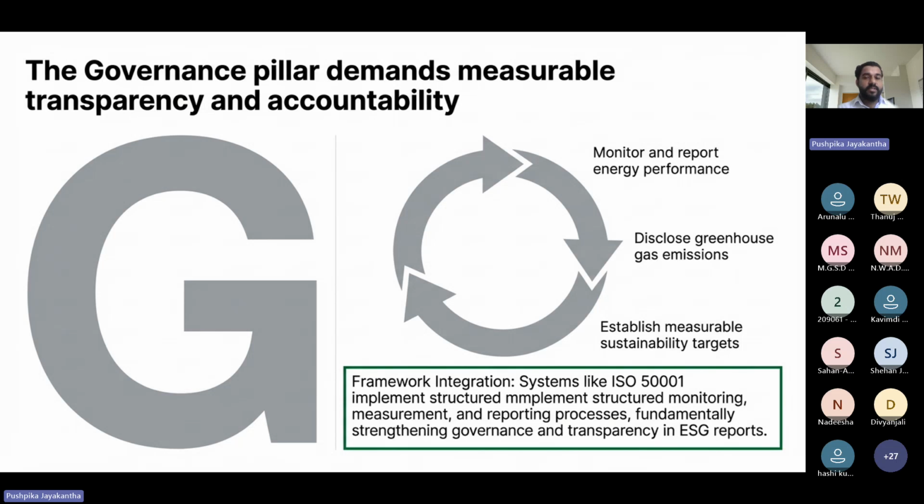And then the governance pillar. This is focused on transparency, accountability, and responsible management practices. Energy management supports governance by enabling organizations to monitor and report energy performance, disclose greenhouse gas emissions, and establish measurable sustainability targets.